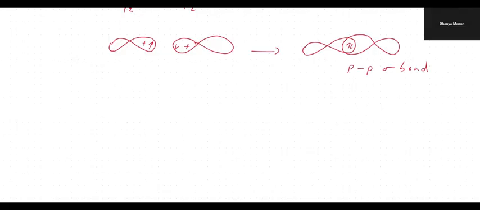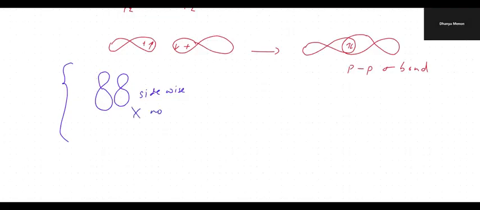Now, suppose their orientation is like this, sidewise. They will not give a sigma bond. No sigma bond is formed here, because the orientation is sidewise, not head-to-head. This is sidewise overlap. I just wanted to inform you of this before I move on.